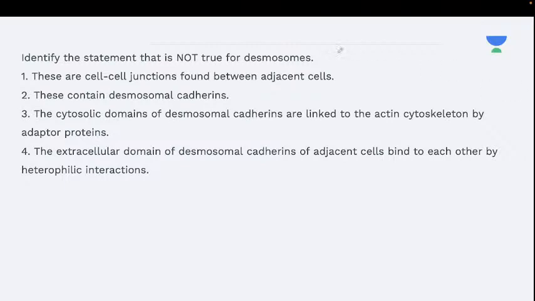So these are the cell-cell junctions found between adjacent cells. Yes, desmosomes. These contain desmosomal cadherins. The cytosolic domain of desmosomal cadherins is linked to the actin cytoskeleton by adaptor protein, not the cytosolic domain. This is, I think, the wrong statement. The extracellular domain of desmosomal cadherins of adjacent cells bind to each other by heterophilic interactions.